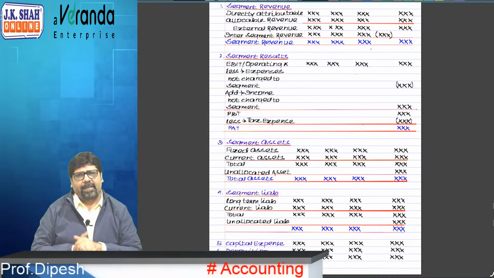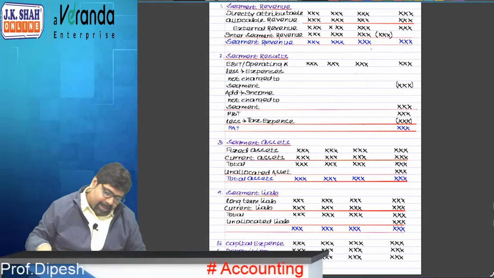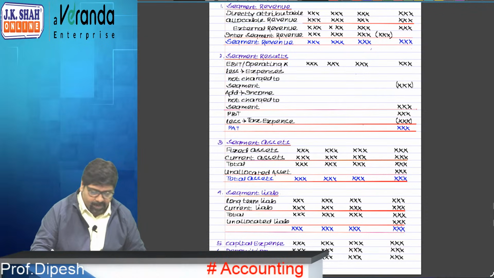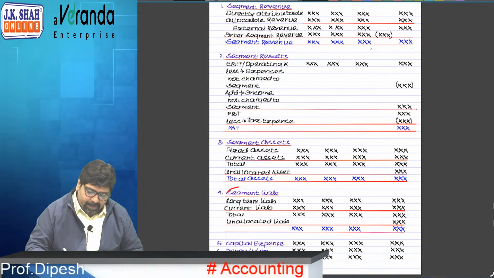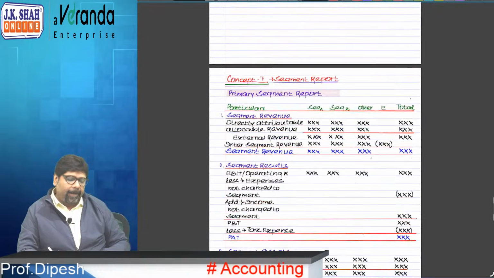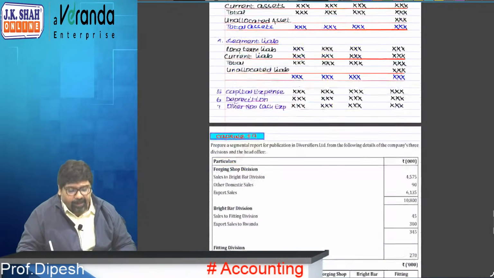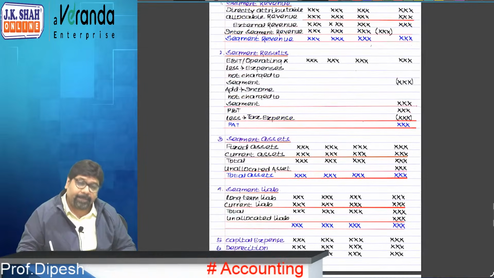Revenue and results, segment asset, segment liability, capital expenditure, depreciation and other non-cash. Am I clear, chartered? Yes or no? Yes. So this is your AS 17.